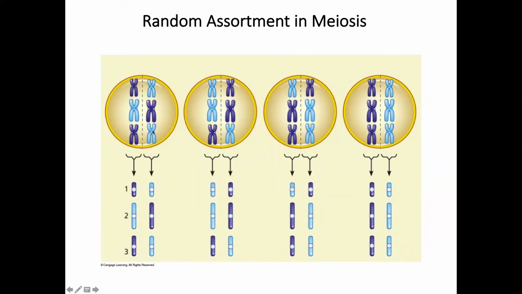So the answer is meiosis 1. You can see that all the combination and the assortment are in the top pictures, in these circled cells. That is in meiosis 1, okay? In meiosis 2, just the sister chromatids separate, and there is no sorting happening.